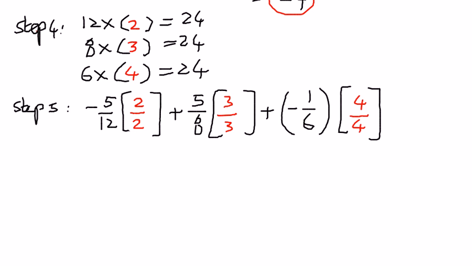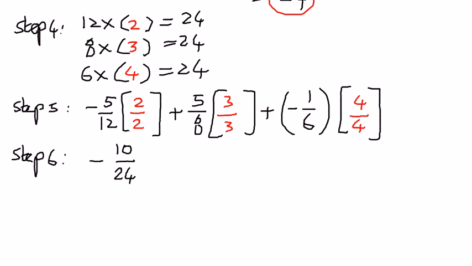I'll write it as the next step. We're going to multiply the numerators and multiply the denominators. When we multiply the numerators, we get 5 times 2 is 10 over 12 times 2 is equal to 24. Negative times positive is a negative, so we put the negative sign there.